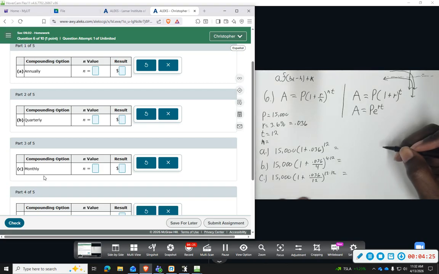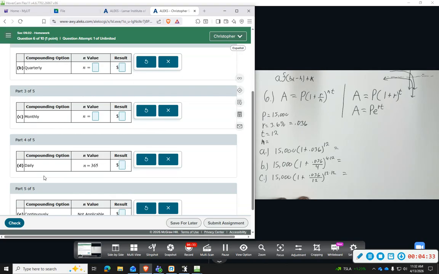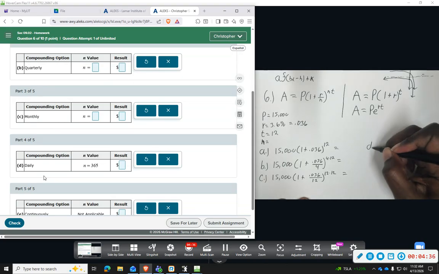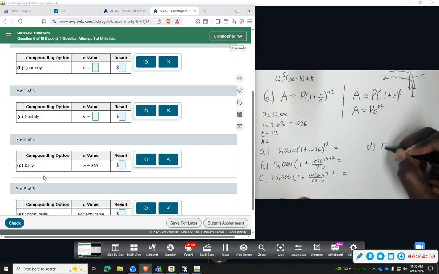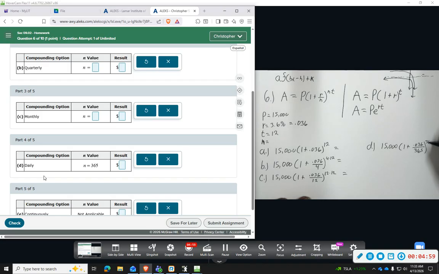And then part D says daily, so part D is the 15,000, 1 plus 0.036 interest rate daily, 365 days in a year, so 365. We kind of just omit the leap year and we just do 365. That gets us close enough. And then this is going to be raised to the 365 times 12 power.